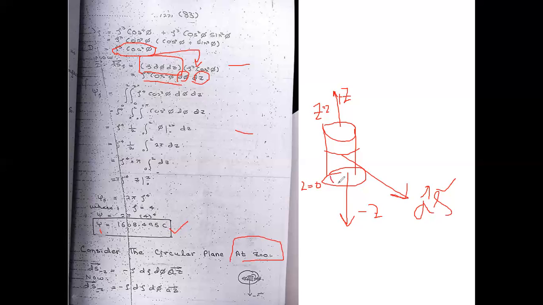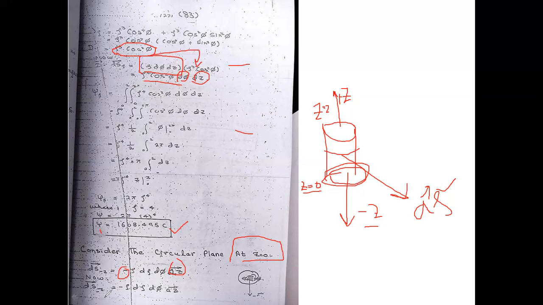Now at the z equal to 0 plane, means this base, we have to put the value z equal to 0 in the variable, and the direction for this base is in minus z, so minus a_z.